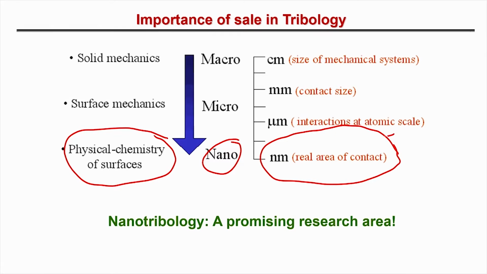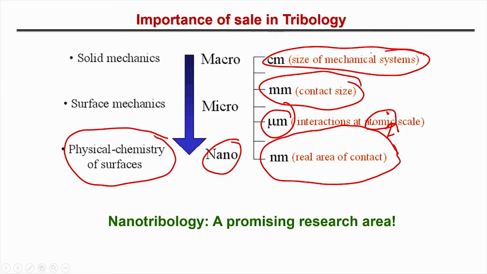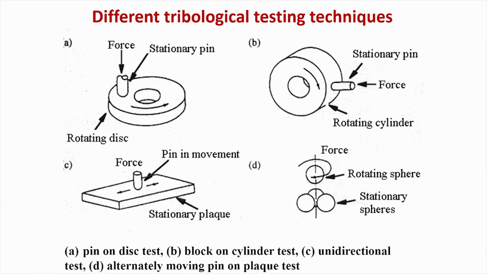Then if you go to larger interactions, the atomic scale leads to the micrometer scale. Then the contact size is at the millimeter scale, and the mechanical system is at the centimeter scale. So, you go from physics and chemistry of surfaces to surface mechanics to solid mechanics. Nanotribology essentially means friction and wear of surfaces in relative motion at the nanoscale. Whenever that mechanism operates at the nanoscale, we call it nanotribology.